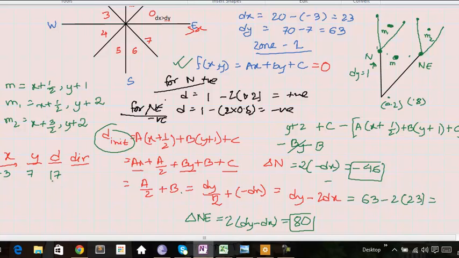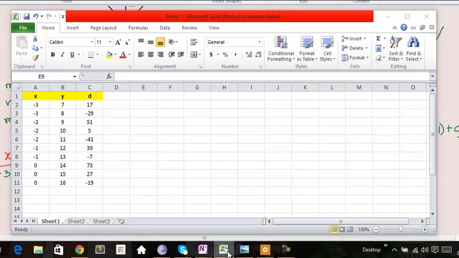Since d is a positive value, the direction we choose is n. Since the direction is n, we add del n to d init. So d equals d init plus del n: 17 plus minus 46, which gives minus 29.